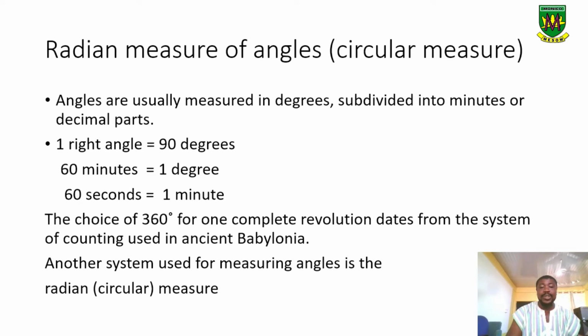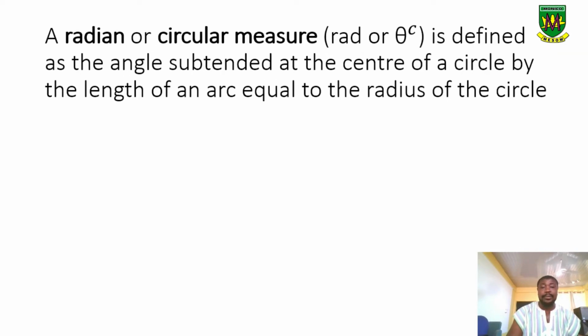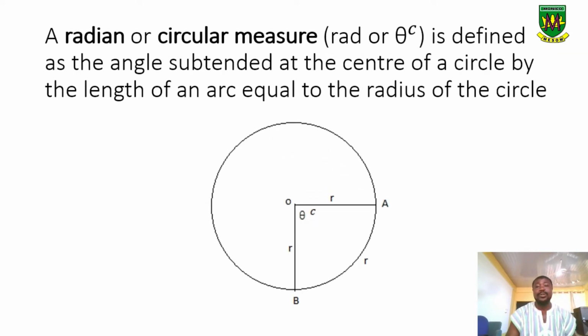Another system used for measuring angles is the radian or circular measure, and that is what we are going to talk of today.